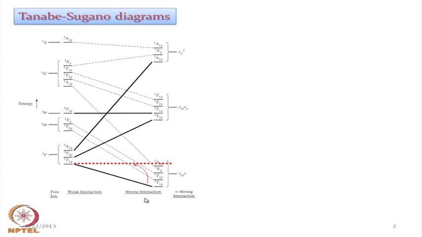So, one thing we can go for is that this particular change in energy we will put as a horizontal line. So, definitely the first thing we will characterize in the Tanabe Sugano diagram is having some horizontal axis, which is very important.